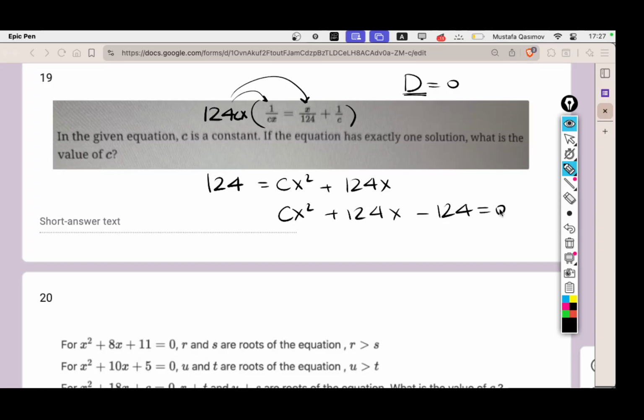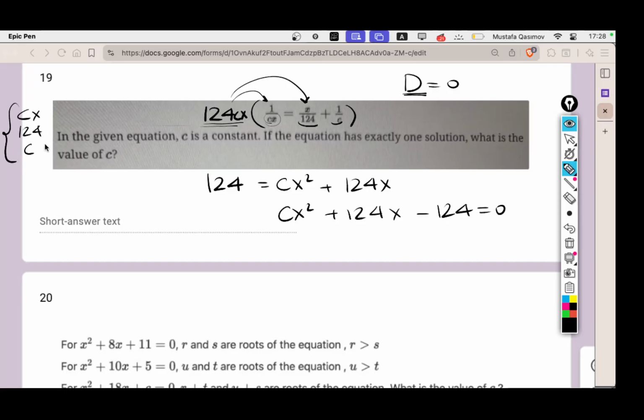No, not clear actually. Okay. Why do I multiply it by 124cx? You can see that we have fractions here, right? Look at their denominators. We have cx here. We have 124 here. We have c here. Can you tell me what the common denominator for these three is?